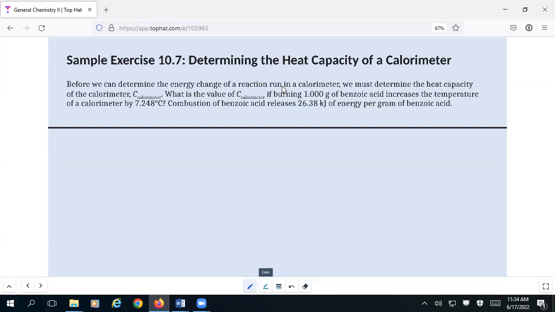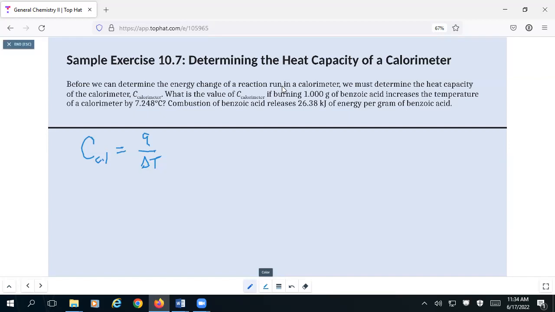So remember that calorimeter constants are equivalent to energy divided by changes in temperature.